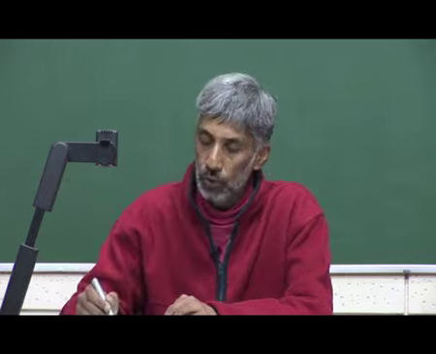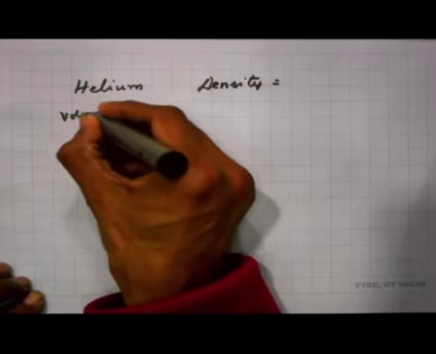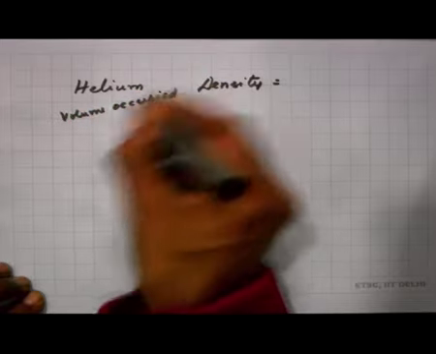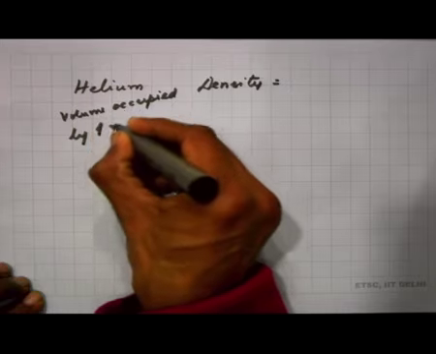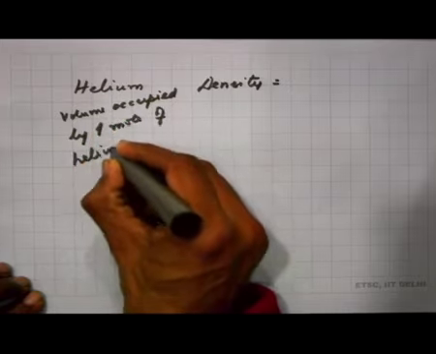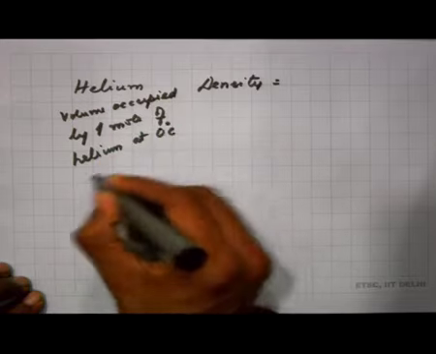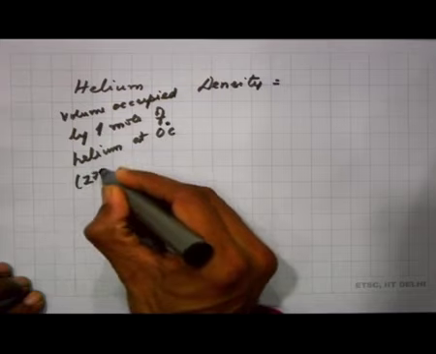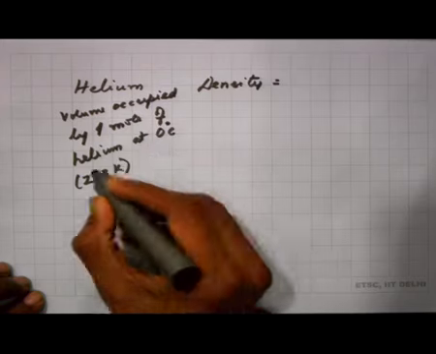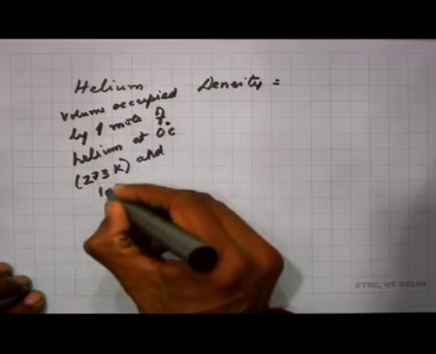That is what we would like to do. So, the volume occupied by 1 mole of helium at 0 Celsius, that is 273.15. Very often people drop the 15 and say 273 Kelvin, and 1 atm pressure.